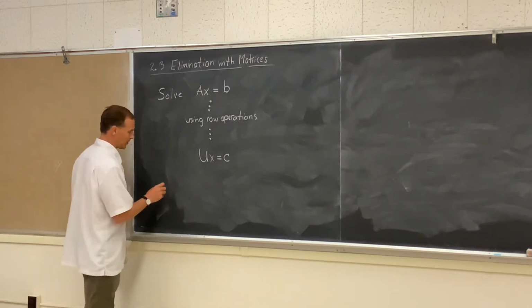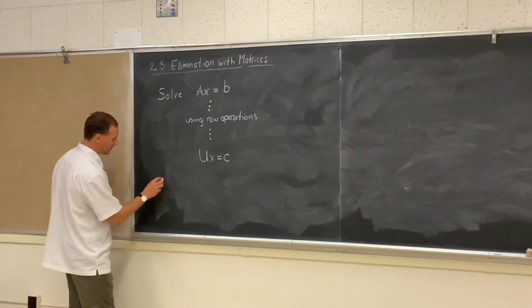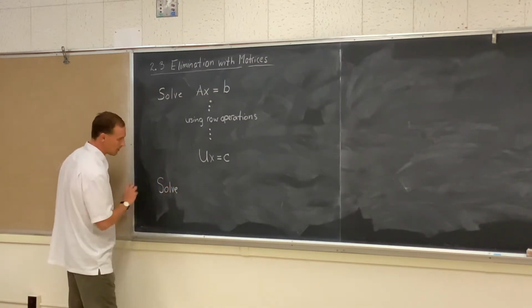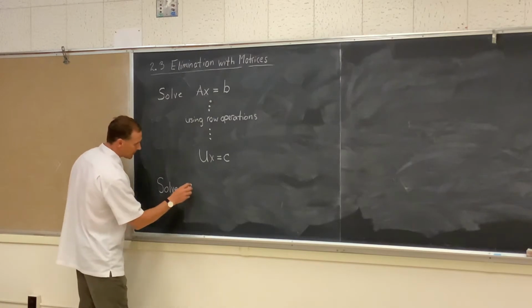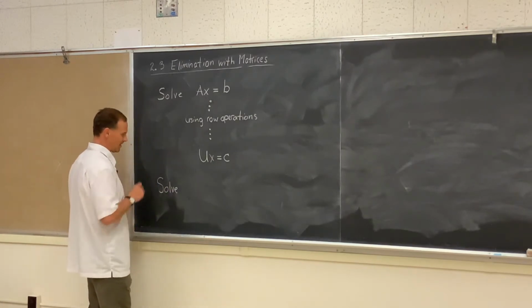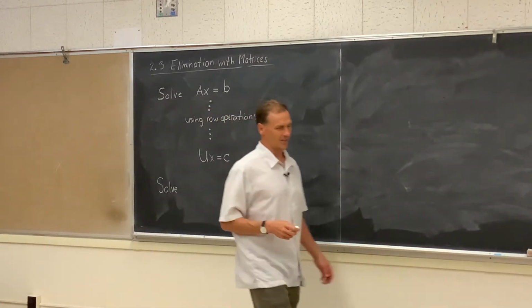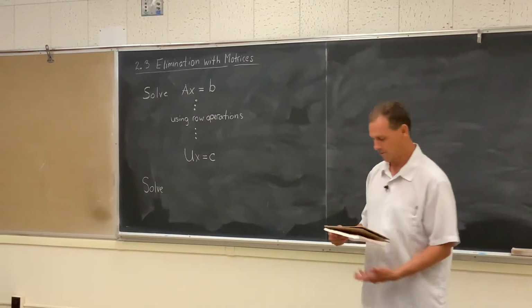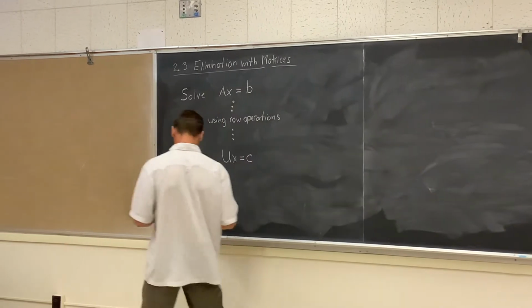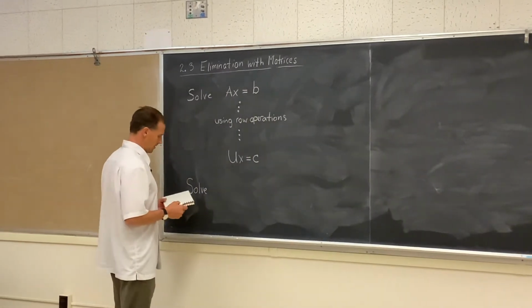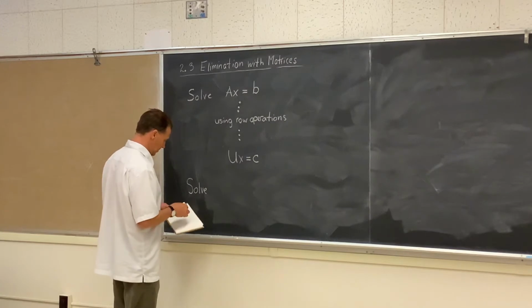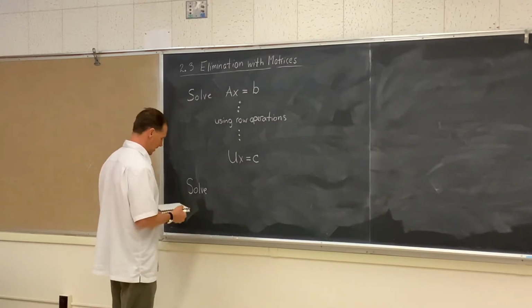So here's what we're going to do. Today we're going to solve, and the matrix is this. I might need to check my notes just so that I have the right problem for us. Okay.